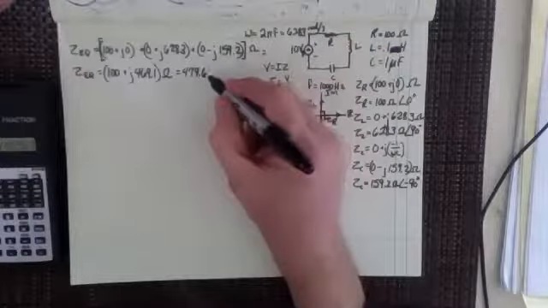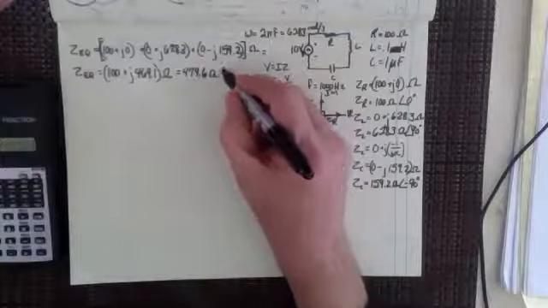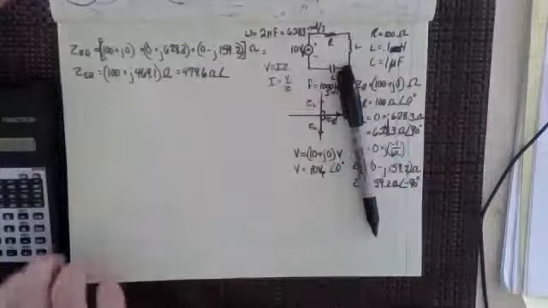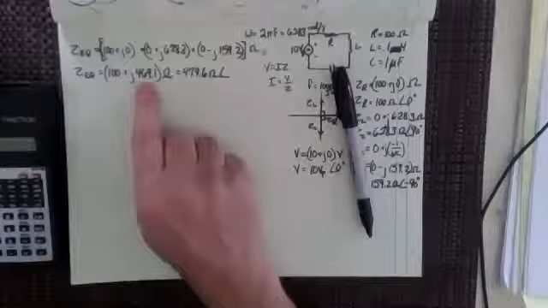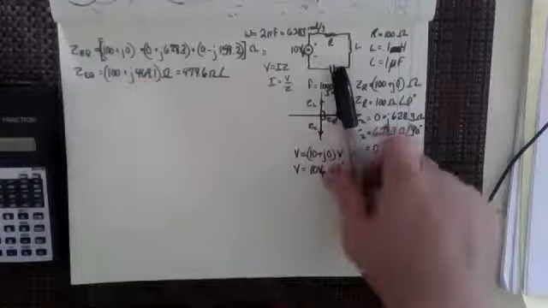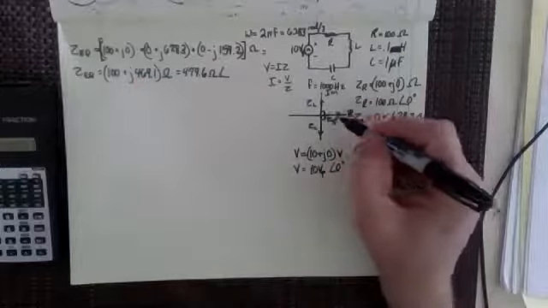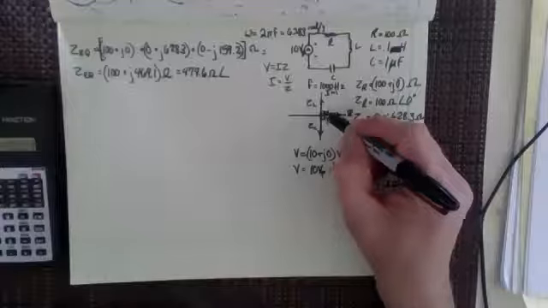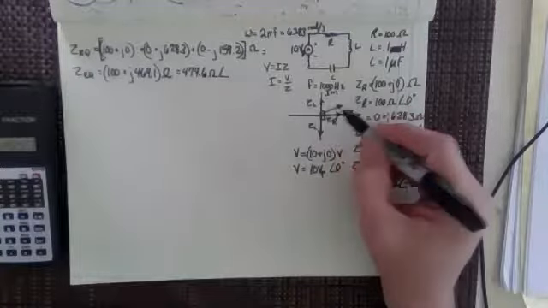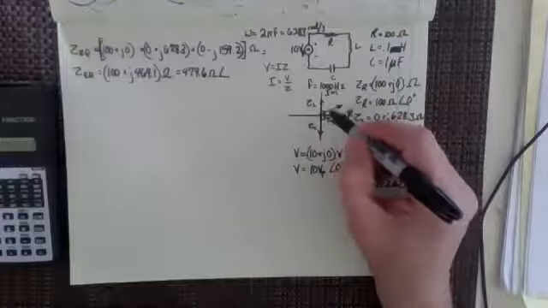So I've got 479 ohms, and what angle are they at? Well, remember how we figure out the angle. We take the inverse tangent, right? Because we've got something here, we've got 476, and then we've got like 100 up here, and so we're really looking at that phasor right there, right?